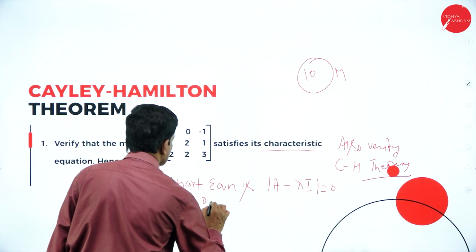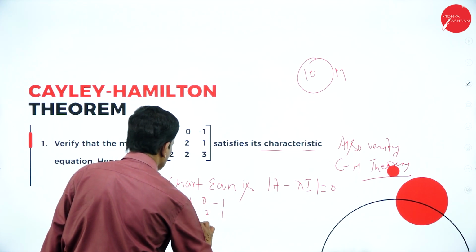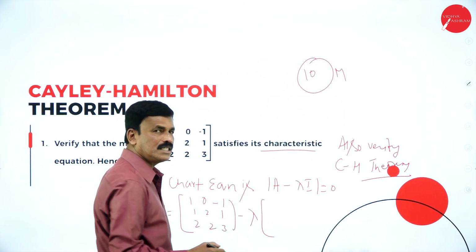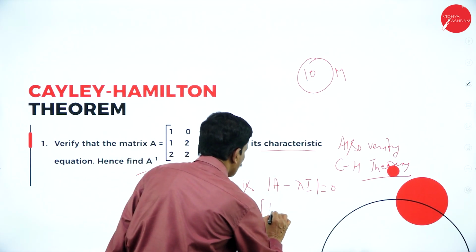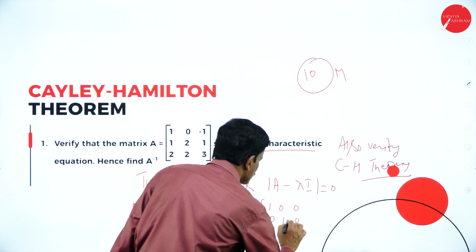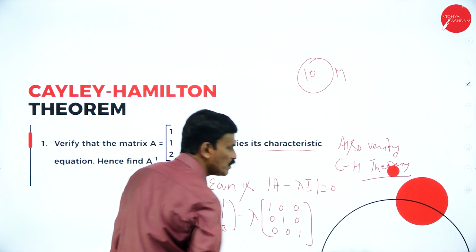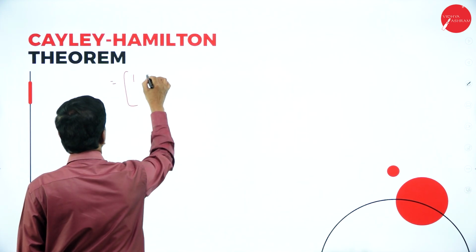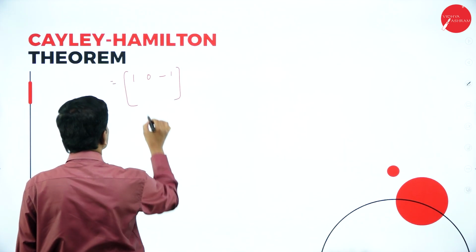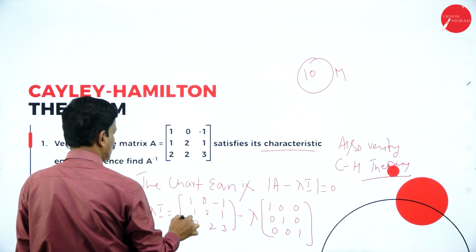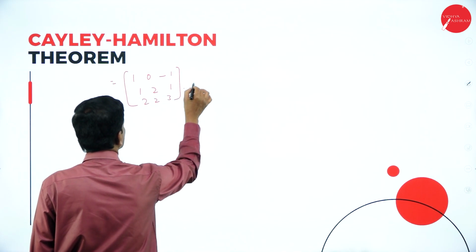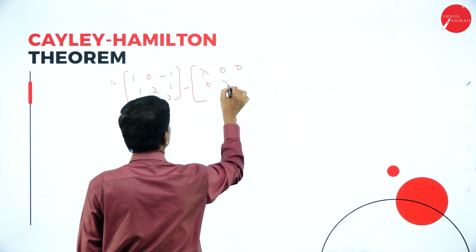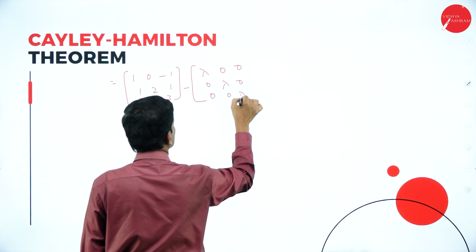A is equal to 1, 0, minus 1, 1, 2, 1, 2, 2, 3, minus lambda into an identity matrix of order 3 rows, 3 columns, which is 1, 0, 0, 0, 1, 0, 0, 0, 1. Simplify this. So that is equal to the matrix 1, 0, minus 1, 1, 2, 1, 2, 2, 3, minus lambda multiplied by 1, 0, 0, 0, 1, 0, 0, 0, 1, that is lambda, 0, 0, 0, lambda, 0, 0, 0, lambda.